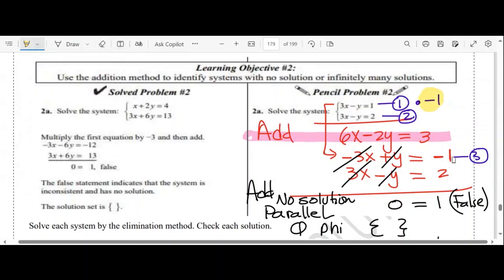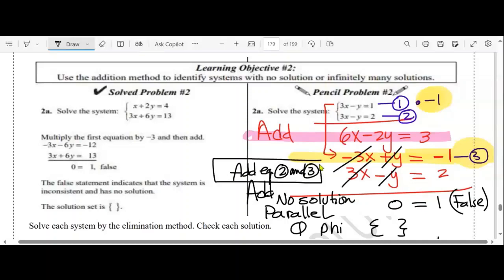If you multiply times -1, you get a new equation, which is number 3. And then you add equation 2 to equation 3.